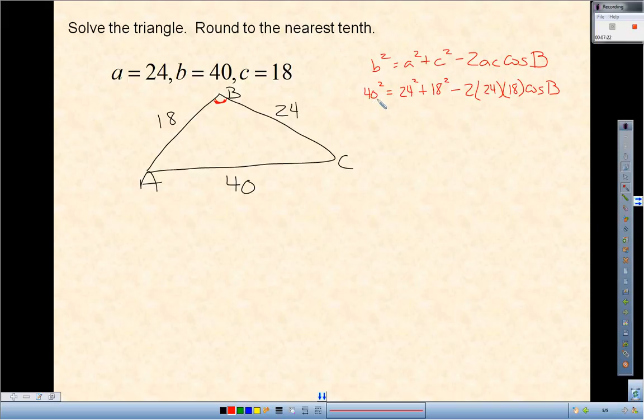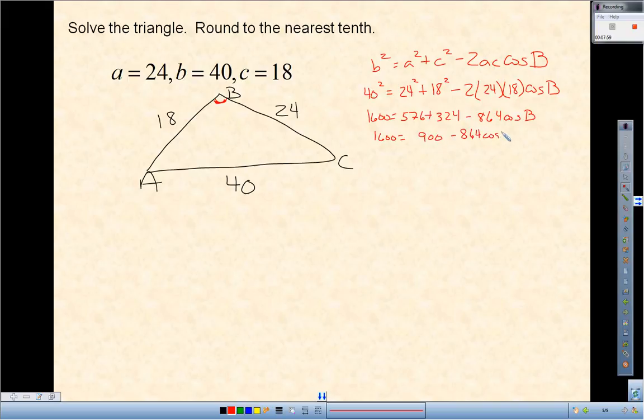And so I'm just going to do some arithmetic first. 40 squared is 1600. 24 squared is 576. 18 squared is 324. And then 2 times 24 times 18 is 864 cosine of B. And then I'm going to go ahead and combine my like terms, my 576 plus my 324, that's going to give me 900.